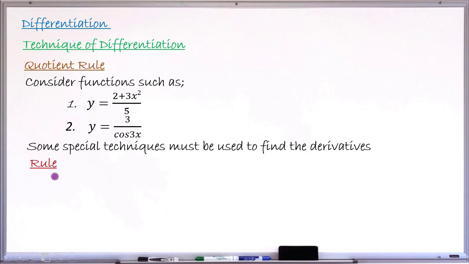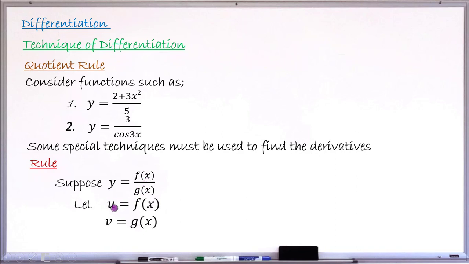The rule says if you have the function y equals f of x divided by g of x, the numerator f of x is a function of x, and the denominator g of x is another function of x, and the entire fraction is what you have as your y. For this type of function, you let one of the functions be your u and the other be your v.